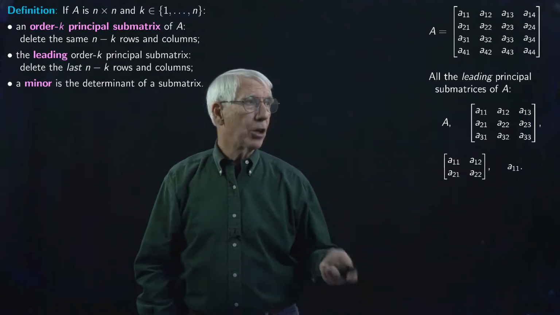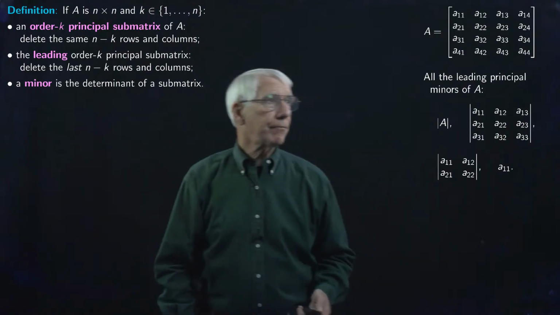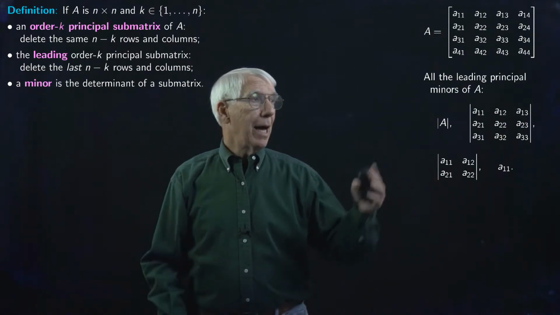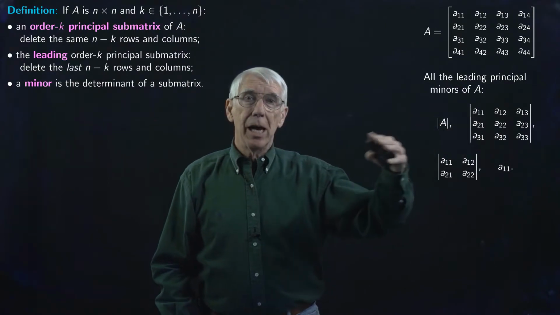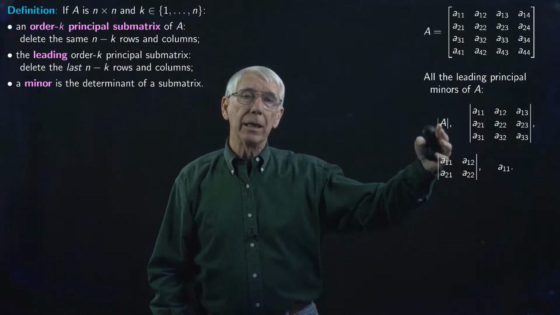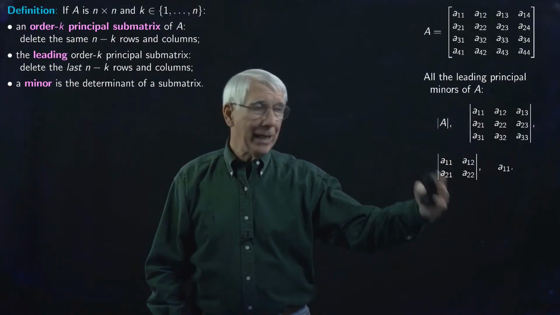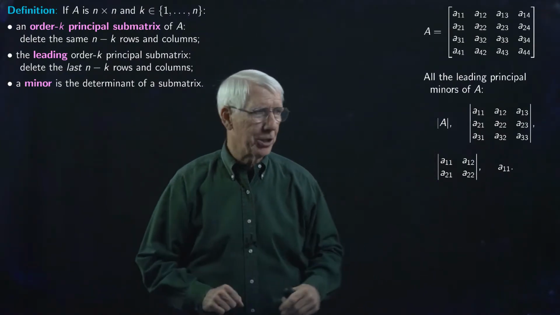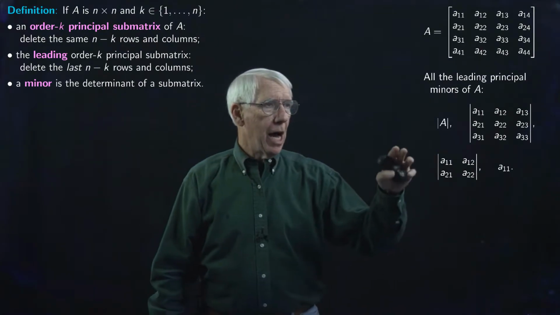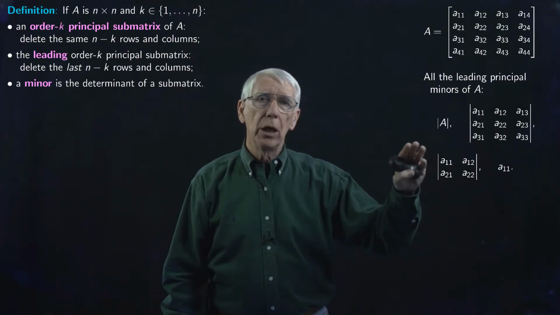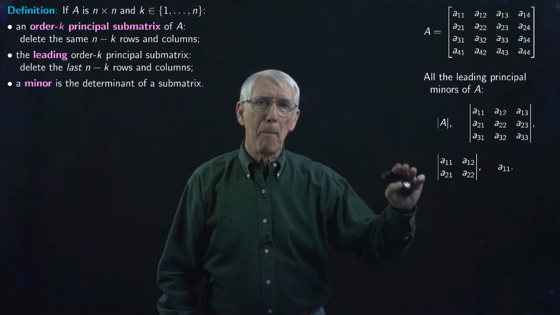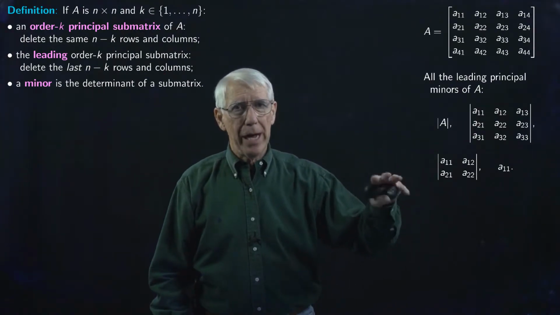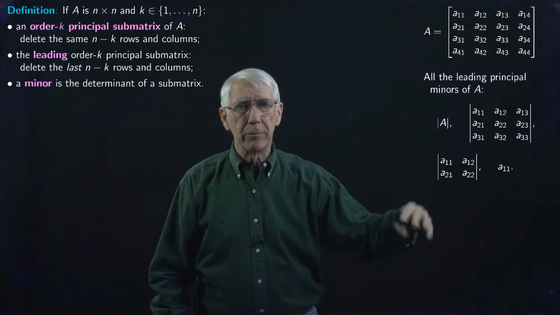So let's go back over here, and we'll see that where I wrote the 4 leading principal submatrices, now I've typed out the 4 leading principal minors, that is, the minors of the 4 leading principal submatrices.